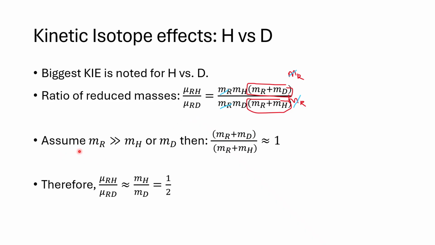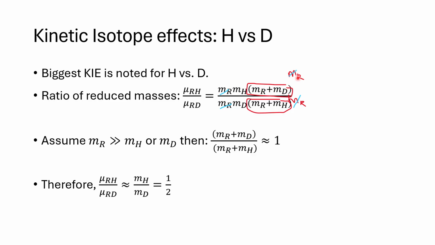We need to assume that the mass of the hydrocarbon chain is very much larger compared to the molar mass of the hydrogen or the deuterium atom. Then the value of Mr can be cancelled in the ratio, whereby Mr plus mH is approximated to the mass of Mr, similar to Mr plus Md, because the mass of Mr is much greater than Md.